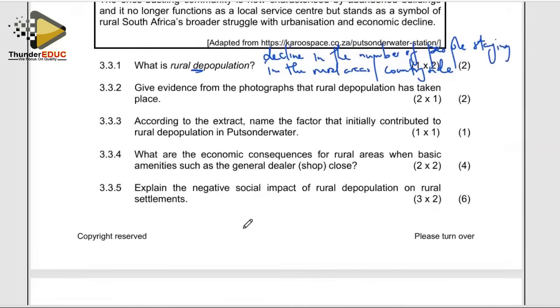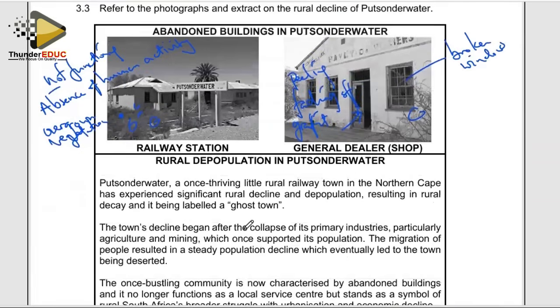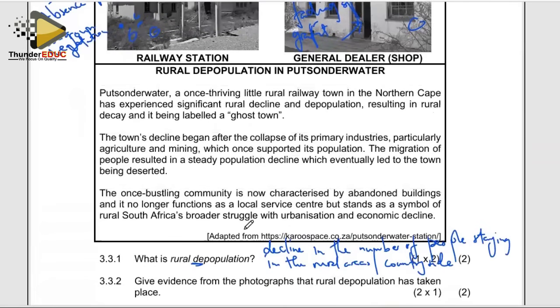According to the extract, name the factor that initially contributed to rural depopulation in Patsanda Water. The extract tells us that the town's decline began after the collapse of its primary industries, particularly agriculture and mining.